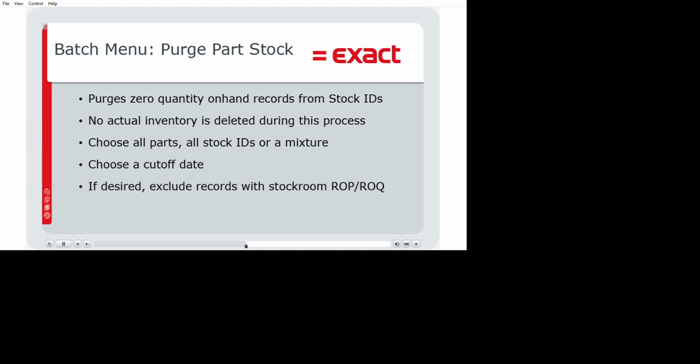If you have put quantities for reorder, ROP, ROQ on some of your part stock records in Inventory Control, you can choose to keep these records intact by selecting Exclude Records with Stockroom ROP, ROQ. This utility is useful for removing unwanted records from certain reports, such as the cycle count reports, and is necessary for deleting a stock ID.